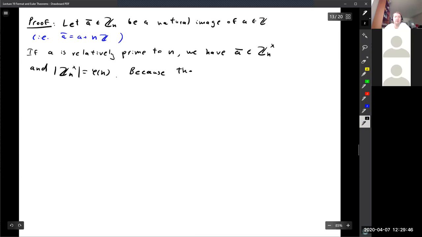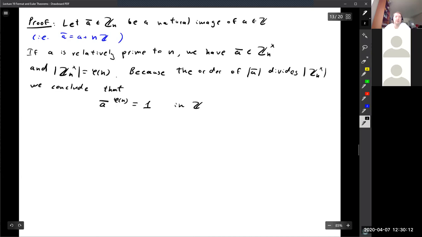Because the order of A bar divides the order of Zn cross, we conclude that A bar raised to the power phi of n equals 1 in Zn cross. Or equivalently, A raised to the power phi of n has remainder 1 modulo n.